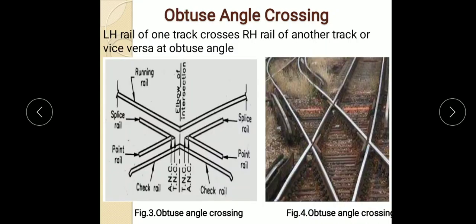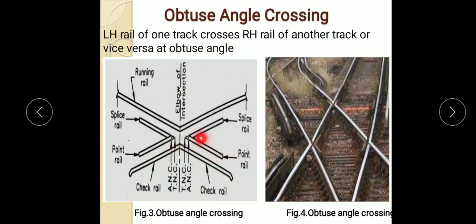The second type is the obtuse angle crossing. When the left hand rail of one track crosses the right hand rail of another track or vice versa at an obtuse angle, then it is called an obtuse angle crossing. Here figure 3 shows an obtuse angle crossing, in which we can see these are the two check rails.